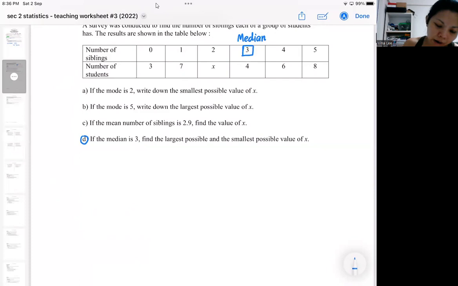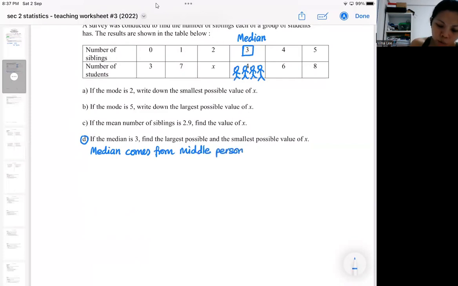In this case, there are 4 students inside the median. So who is the one that is the median? Don't forget what the median is. Median is the middle person. Median actually comes from the middle person. You must remember this.